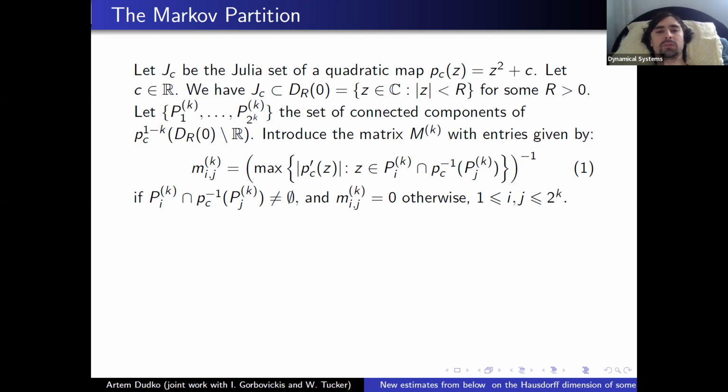So basically it shows how much our elements of the Markov partition shrink under preimages. And if the preimage of p_j does not intersect p_i, we set the corresponding element of the matrix equal to 0.